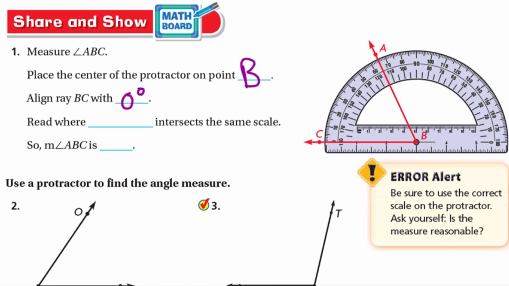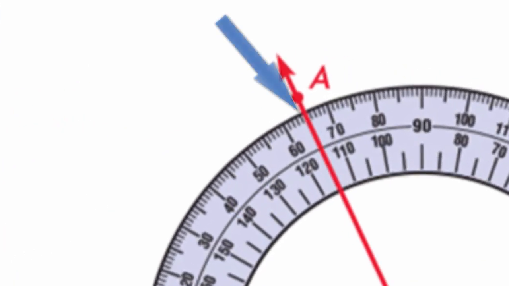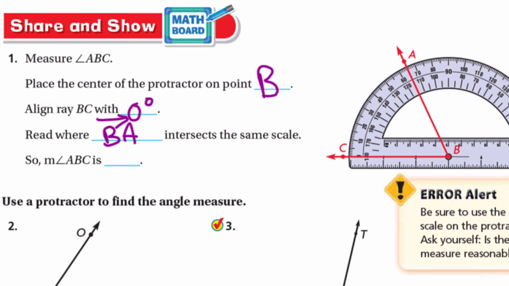We will read where ray BA intersects the same scale. So the measure of angle ABC is, let's see, not 60 and not 70, it is halfway between 60 and 70, so it's 65. So the measure of the angle ABC is 65 degrees.